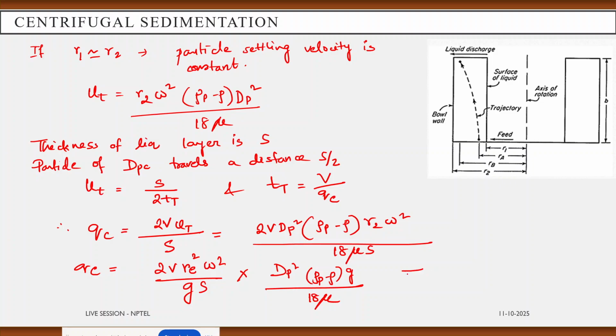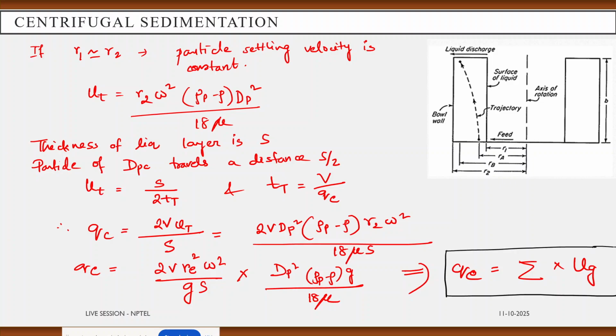So from this we can write QC equals sigma value into UG. This sigma value is the cross-sectional area of a gravity settling tank which has the same separation capacity as the centrifuge, and UG is the terminal settling velocity under gravitational force.